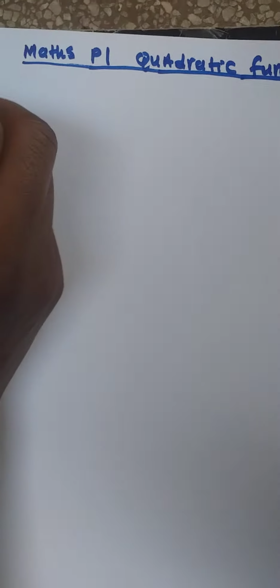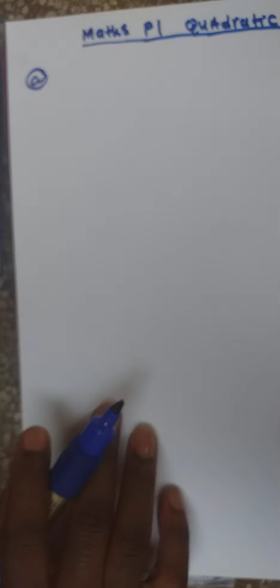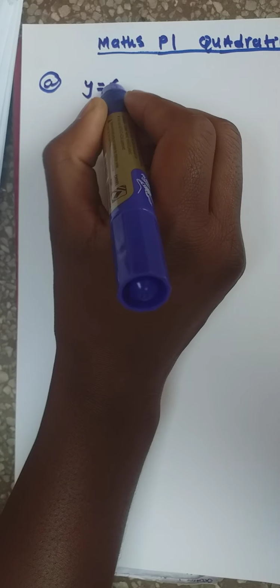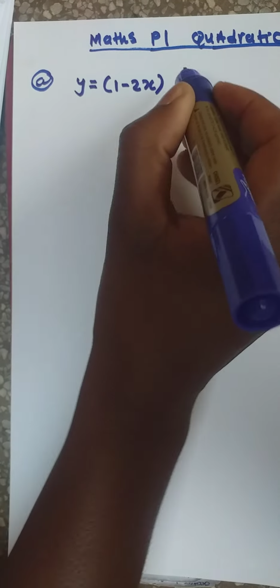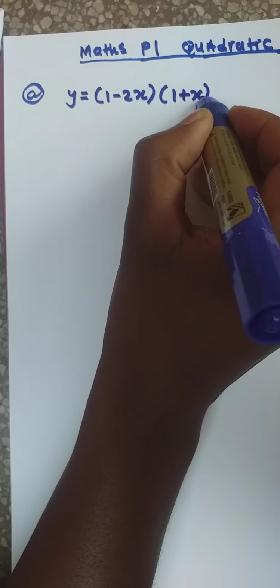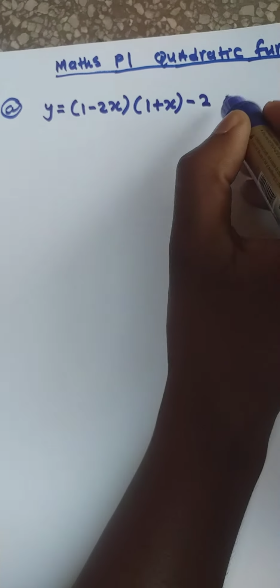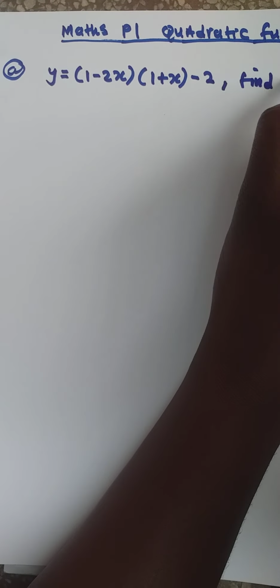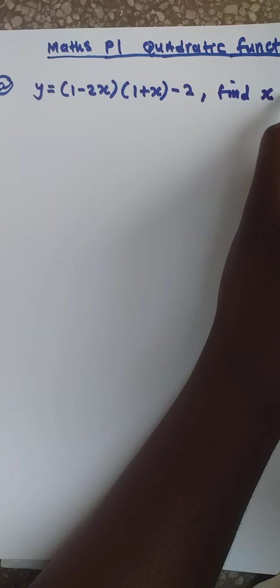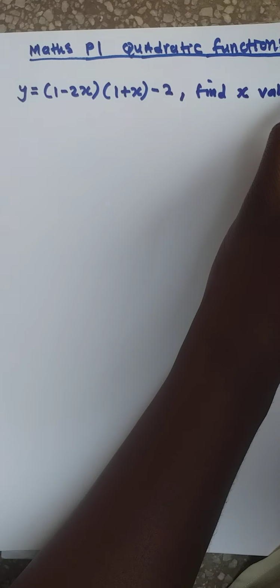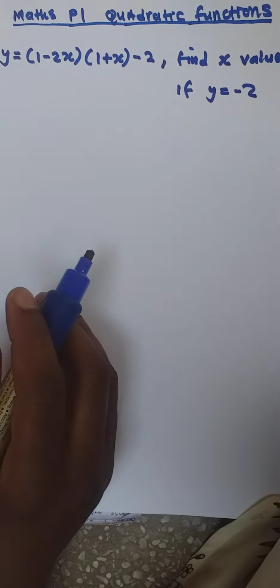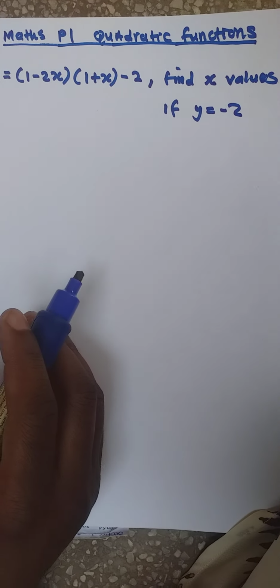So with part A, we have a function y = (1 - 2x)(1 + x) - 2, and they are saying to find the values of x if y is -2. Okay, so that's what our first question says.